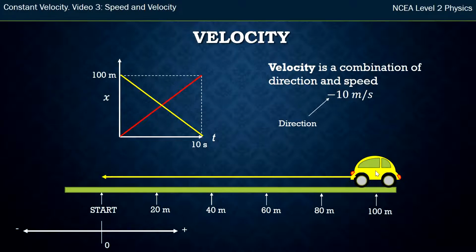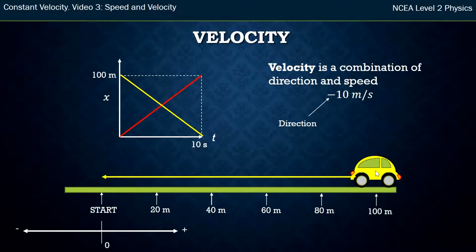The way you make sense of that is looking at our number line down the bottom. Where the red car started, which I've called the start, that's my 0 point. All my numbers, 20, 40, 60, 80, 100, they are positive numbers. So if you imagine that's like a number line, to the right of the start is where the numbers are positive. If I was asked to draw on the negative numbers on that line, they would be to the left. So according to my number line, to the right is positive, to the left is negative.